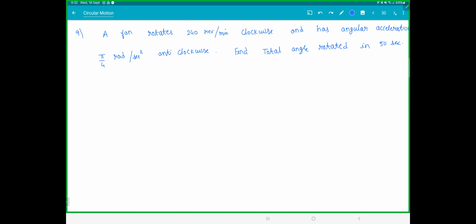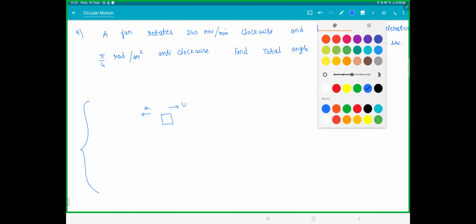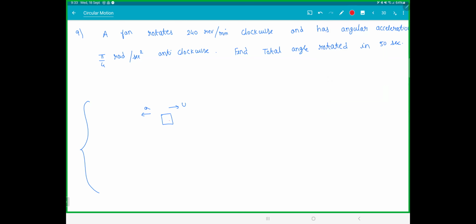So just to give you an idea, it is a little confusing when you want to see in terms of circle. So we can actually convert this problem into a 1D problem. Think of a vehicle going with a speed u and acceleration a backward. Do you remember this problem in kinematics? How will this go? This will go forward and then it will take a turn and then come back, isn't it?